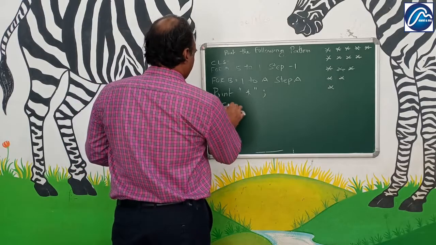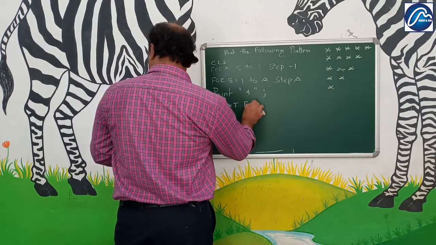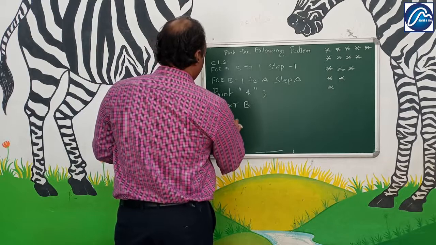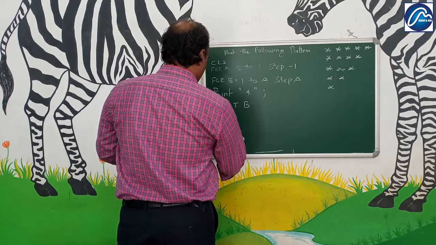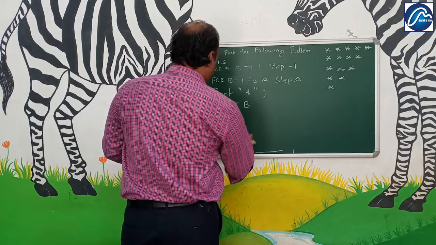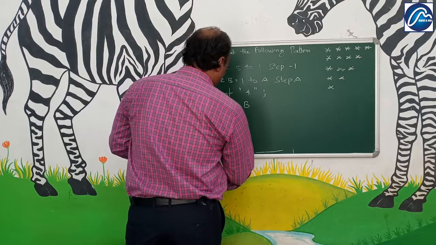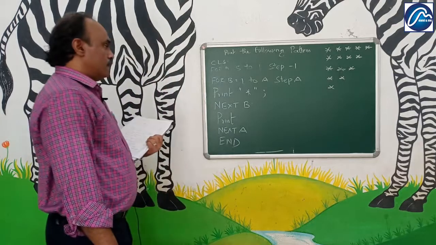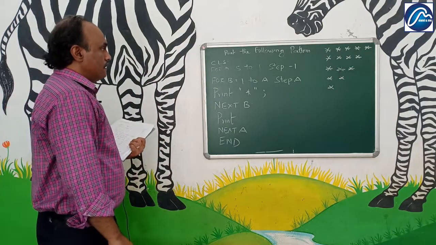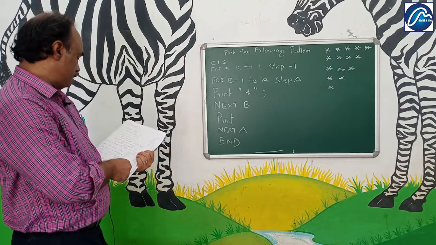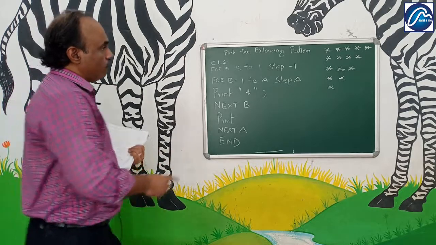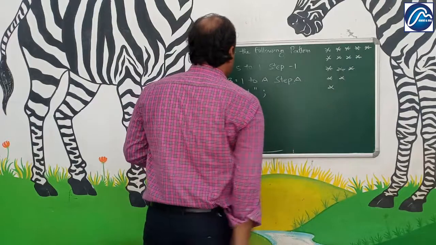Next B, print, next A. And this is a nested loop, and the following pattern needs to be printed.